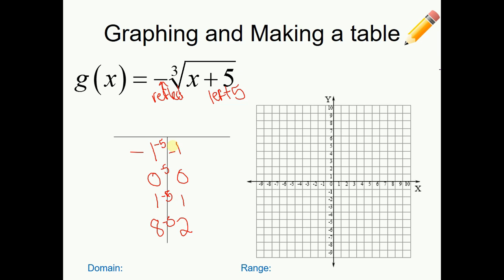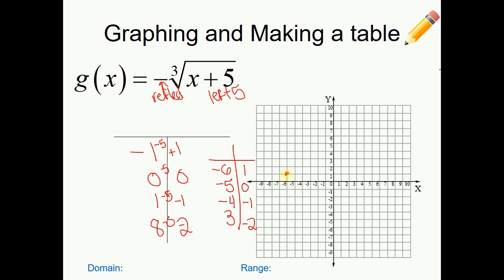And then it looks like I gotta change the signs of all these guys. So that's gonna be a positive one, negative, and a negative. So my new table is gonna be -6, -5, -4, and 3. 1, 0, -1, -2. So let's see how this flips my graph around.